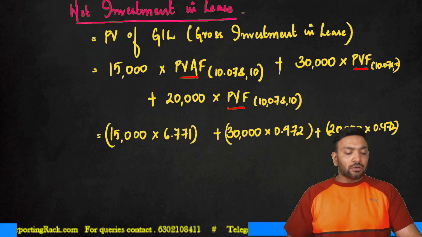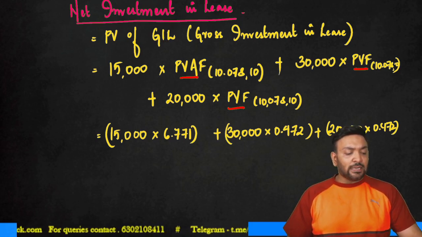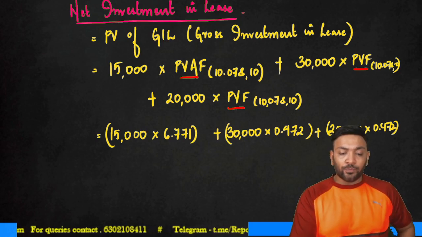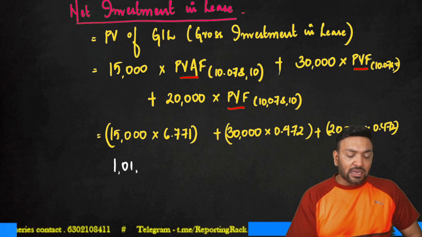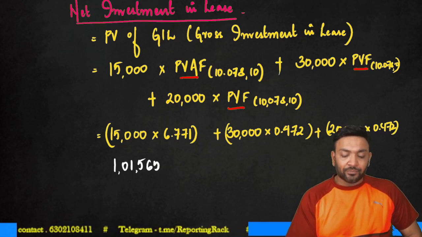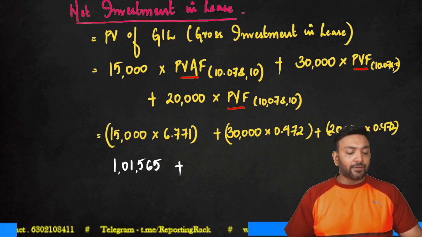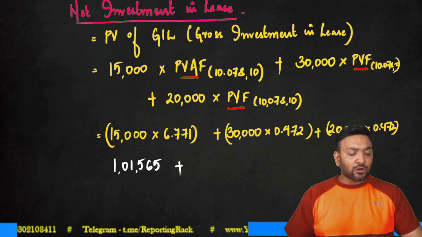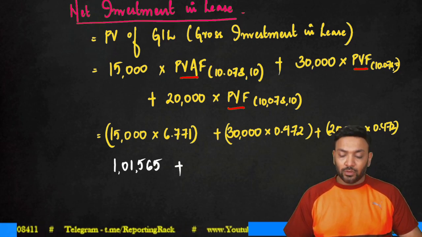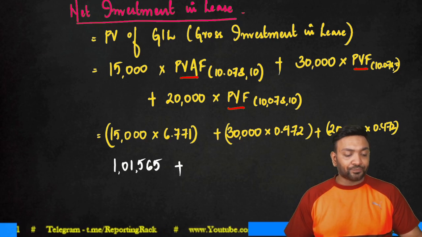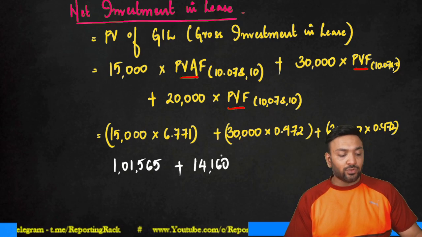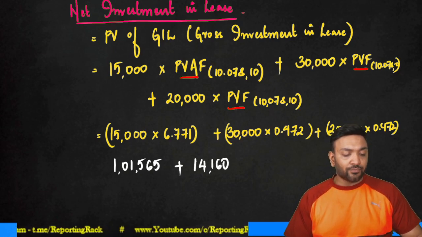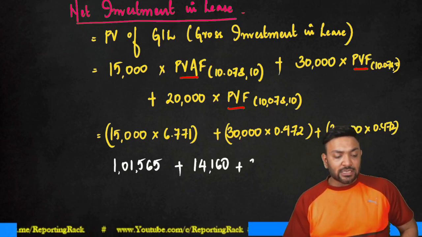Calculate now. 15,000 into 6.771 is equal to 1,01,565, plus 0.472 into 30,000, 14,160, 20,000, 9,440.